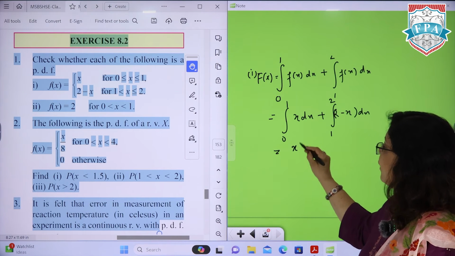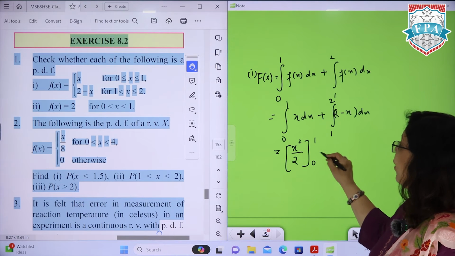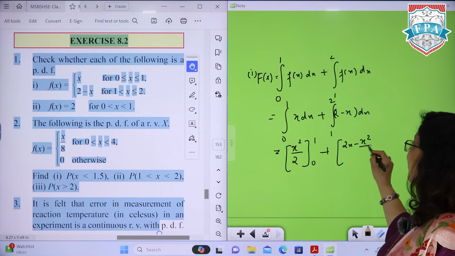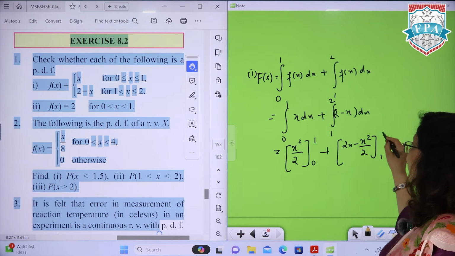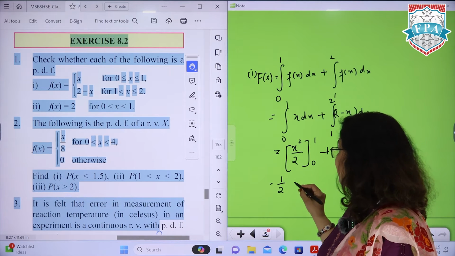We are left with x square by 2, where the value ranges from 0 to 1, and 2x minus x square by 2, where the value ranges from 1 to 2. Once you put 1, it is 1 by 2 minus 0.